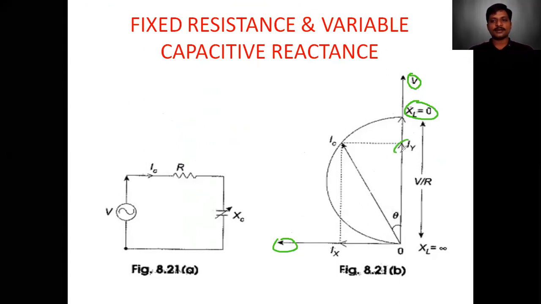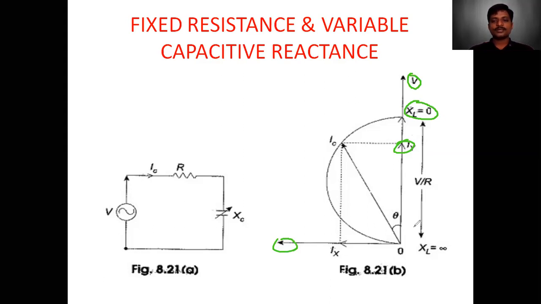Which means current and voltage are in phase, or you can say the phase angle between voltage and current is 0.